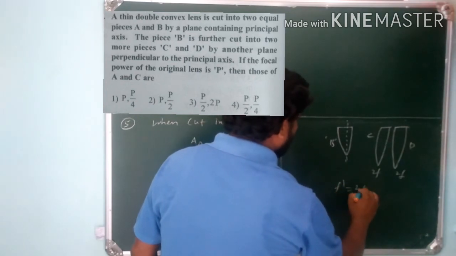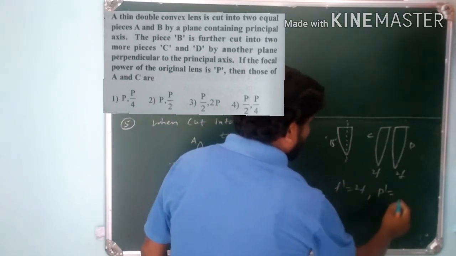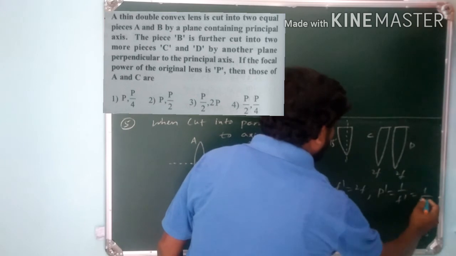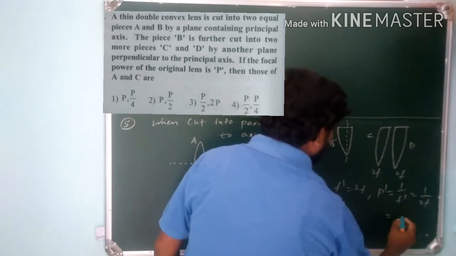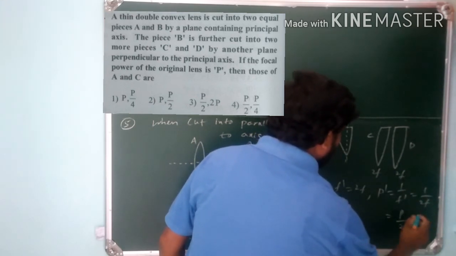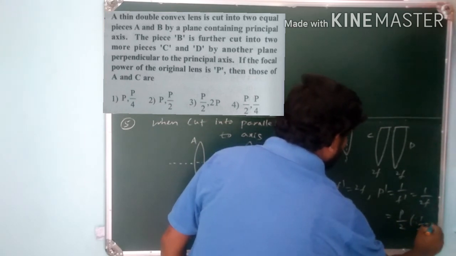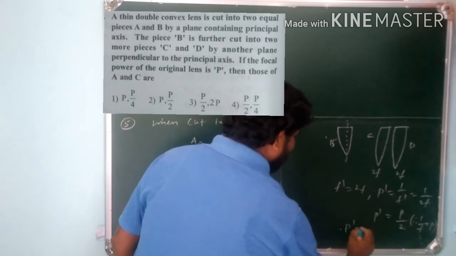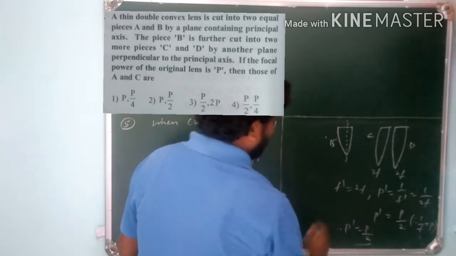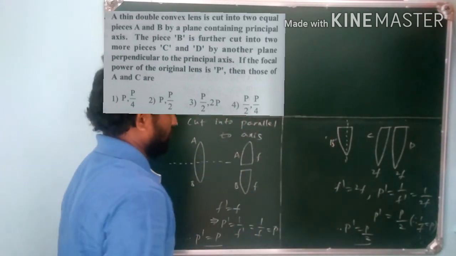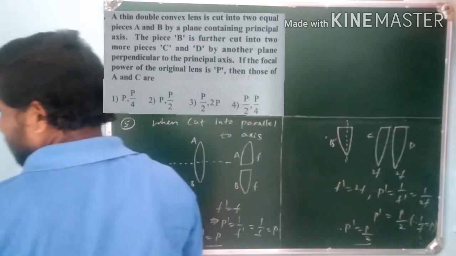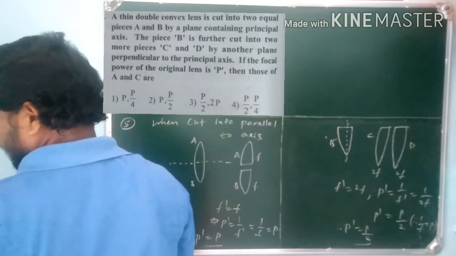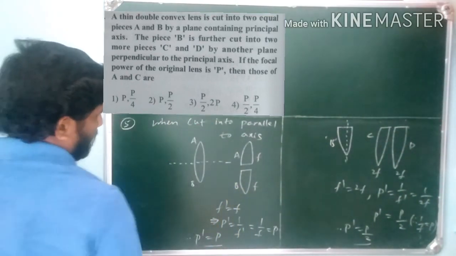Therefore, F dash equal to 2F here. Focal power P dash equal to 1 by F dash, which is 1 by 2F, that is equal to P by 2. Why? Because 1 by F is the power P. Therefore, focal power P dash becomes P by 2 when it is cut perpendicular to the axis. Therefore, the option is P comma P by 2. Therefore, option is second option.